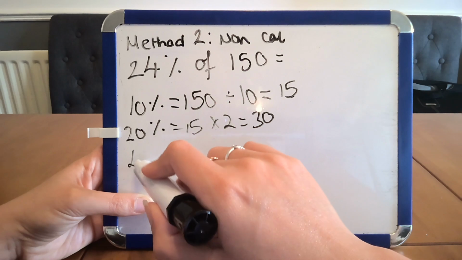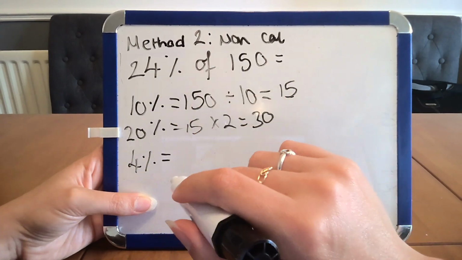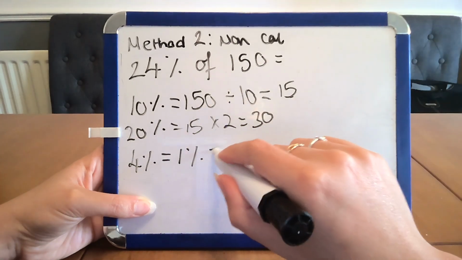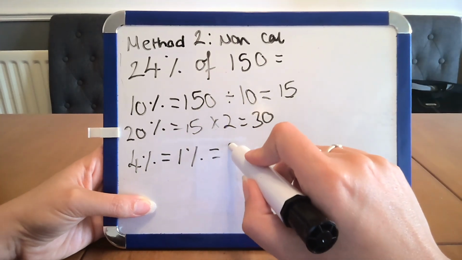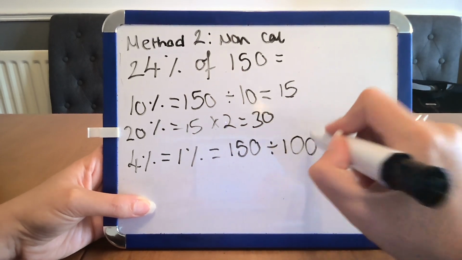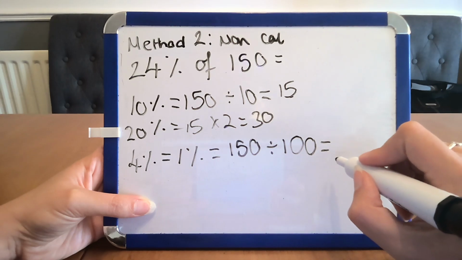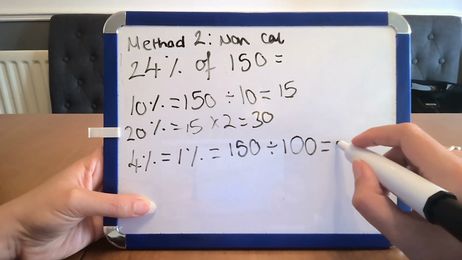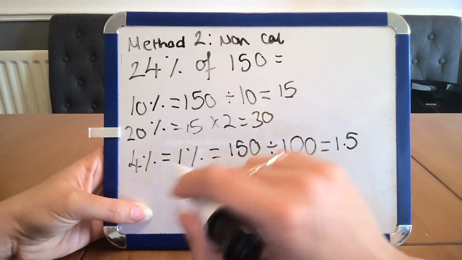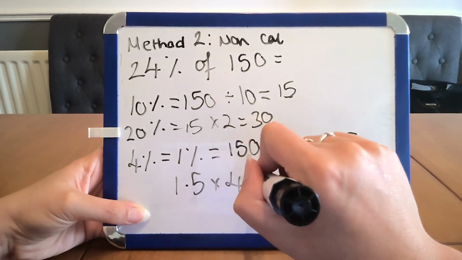The 4%, if 10% is dividing it by 10, to figure out 1%, you're going to be doing 150 divided by 100. To do 4%, we then do 1.5 multiplied by 4.